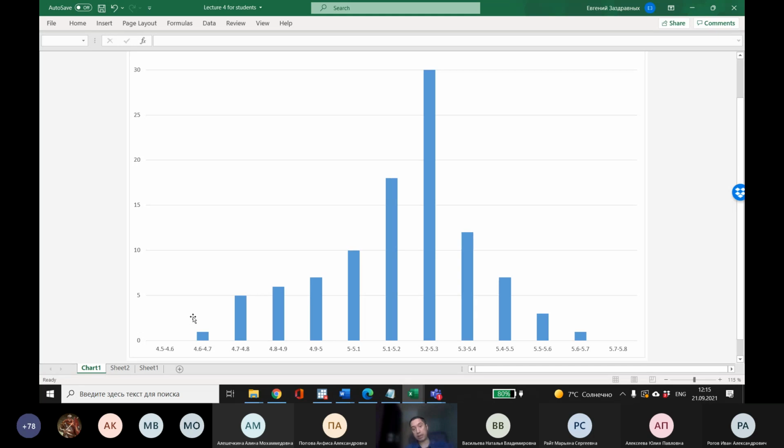And by the way, if our samples are larger, we can obtain a narrower distribution. In your textbook, you can find an illustration of this fact. And vice versa, if your sample size is small, this distribution should be wide.